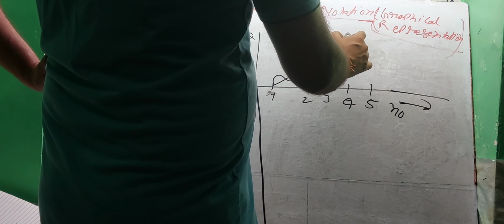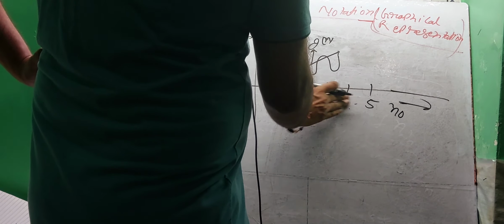Look, we are not able to say that f of n is greater than g of n or g of n is greater than f of n, because sometimes f of n is greater than g of n, and sometimes g of n is greater than f of n.